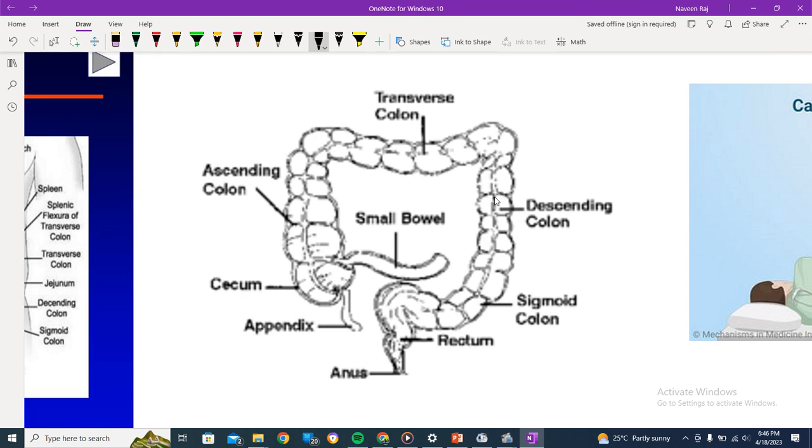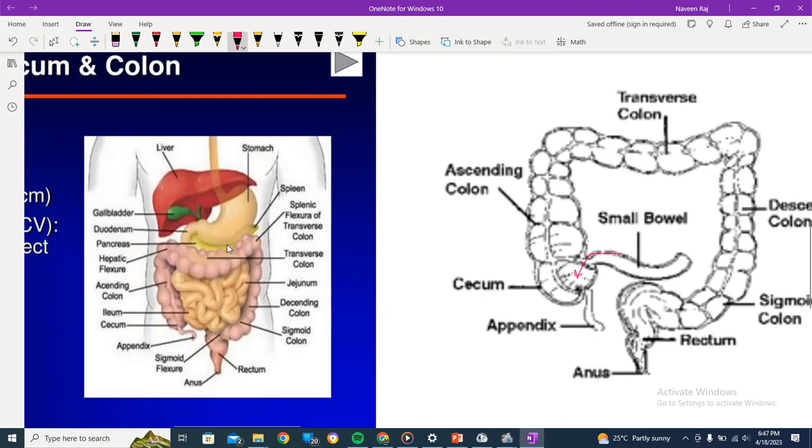This means that it is present on the right side of the abdominal cavity. It is open in the lower direction. We can say that this is a part which is a junction between the small intestine and the large intestine. I'm not writing all the points, you need to write them down. I'm just telling you the MCQs and showcasing them in the diagram.